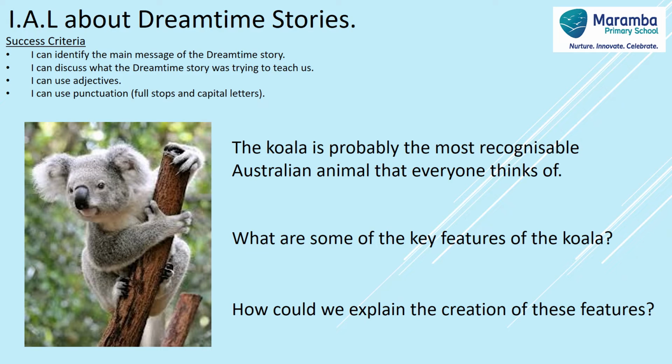What are some other features that you can see or know about the koala? I wonder how the koala got his big nose. I wonder how he got those strong claws for climbing trees.